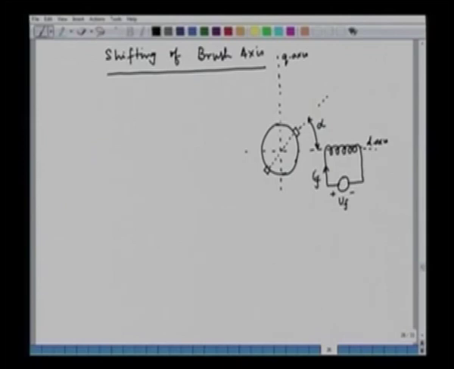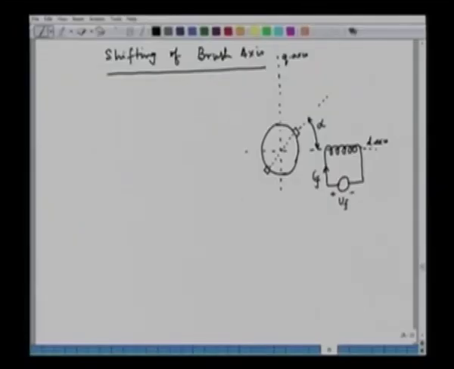I mean, we have a little different type of DC machine here, where the brush axis is shifted from the magnetic neutral position. Okay, this may be true when we have the shifting of the brushes from the magnetic neutral position.